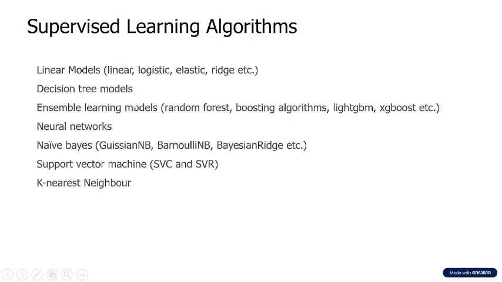Almost every class of model has its regression model and its classification model. So for linear models, linear regression is used for regression, logistic is used for classification. We also have elastic regression, ridge regression, and lasso regression.